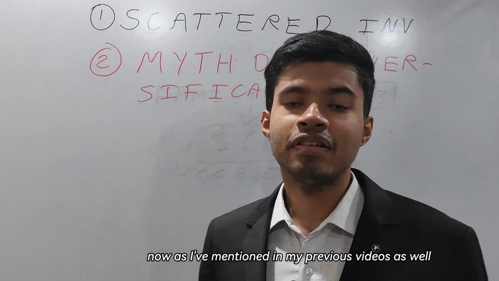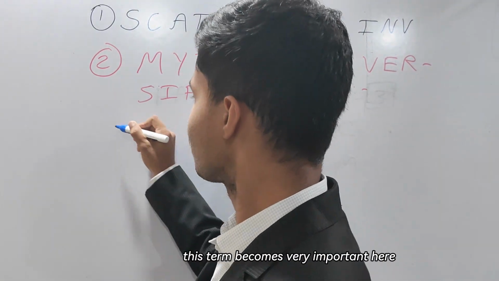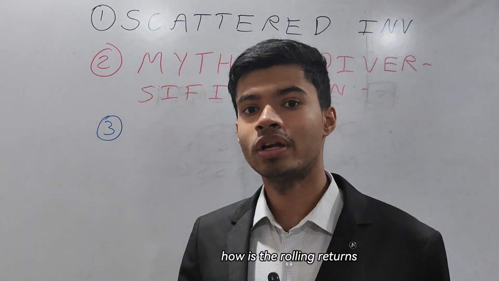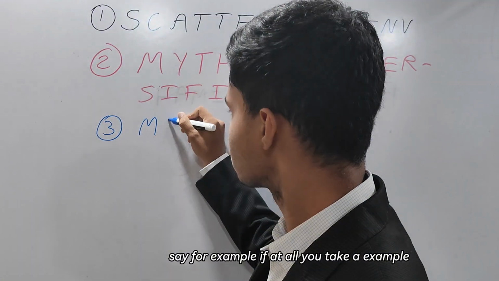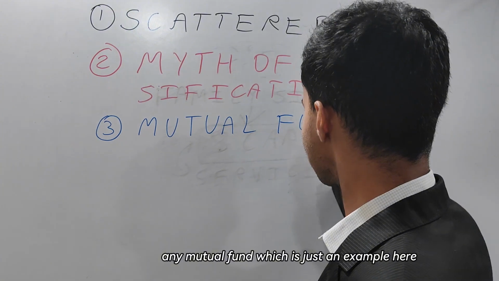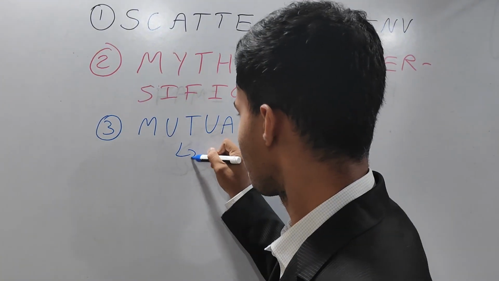Now, as I've mentioned in my previous videos as well, this term becomes very important here. How are the rolling returns? Say for example, if you take any mutual fund, which is just an example here, there is something called rolling returns.